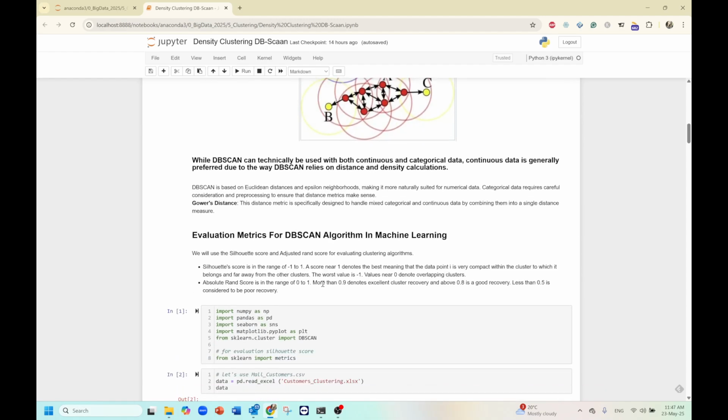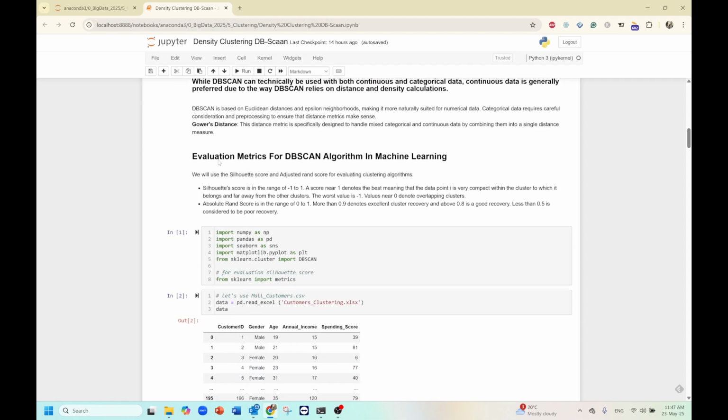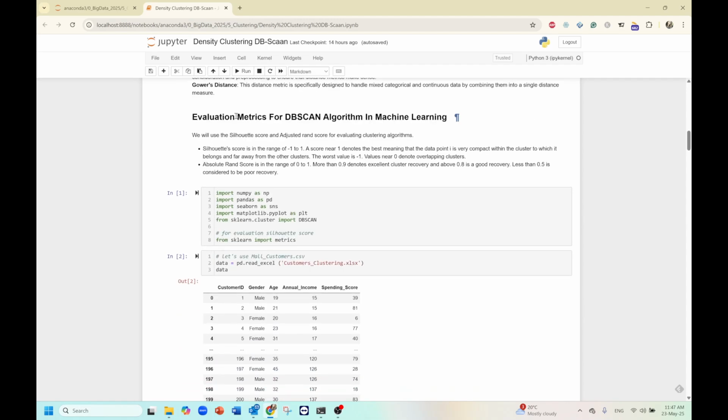Now, before we jump into the code, let me explain a little bit about evaluation metrics for DBSCAN. Usually we use the silhouette score, which is also used for k-means clustering. This score ranges between -1 and 1. A score near 1 denotes the best clustering, the best consistency of the data.